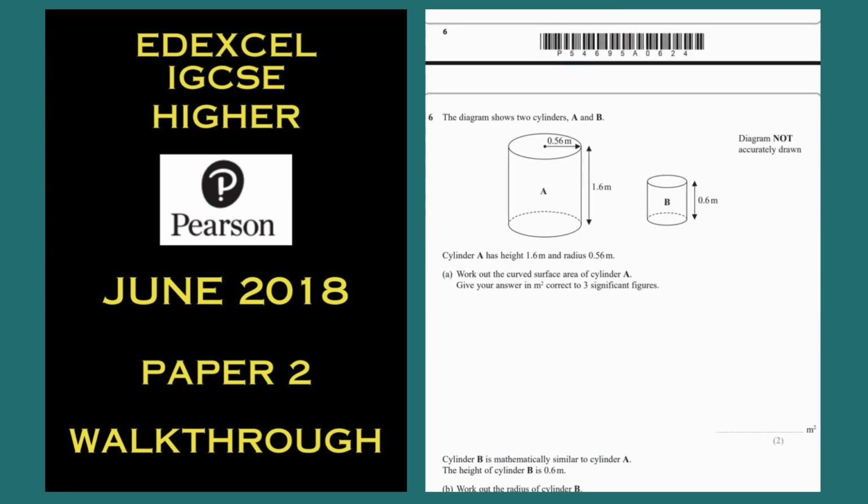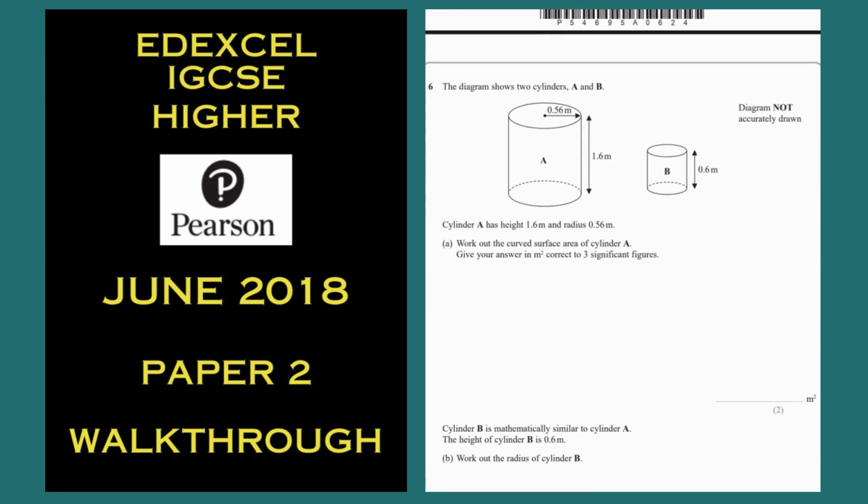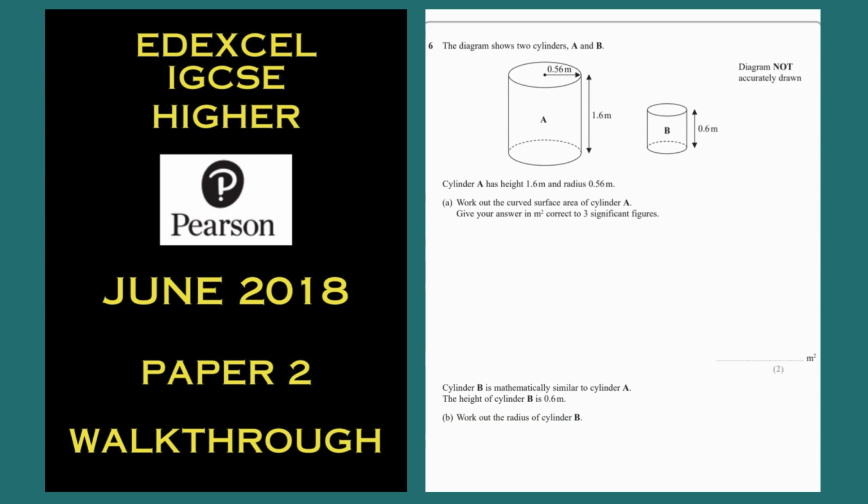On we go. So we've got curved surface area. Now don't forget, when you peel the label off a tin of beans or soup or whatever, the shape of the curved surface area is nothing more than a rectangle. This rectangle, albeit wonky rectangle's height, is 1.6, and the distance along its length refers to the circumference.